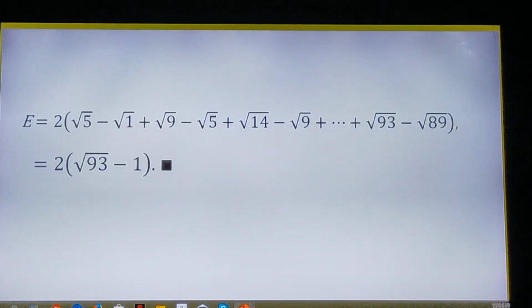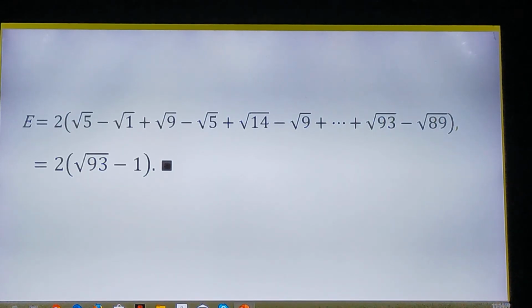So here again, this collapses, leaving only square root of 93 minus 1. And since we have a 2 outside of the parentheses, the final answer is 2 times the square root of 93 minus 1.